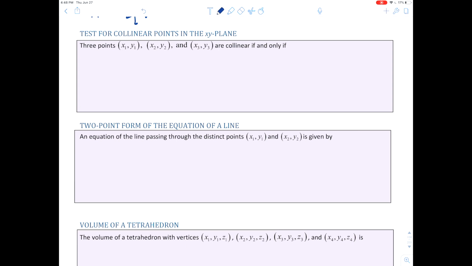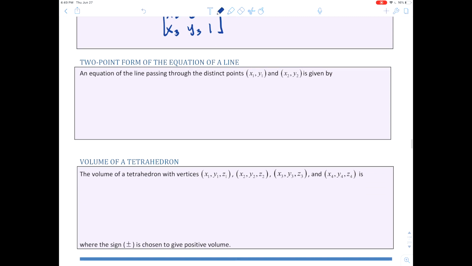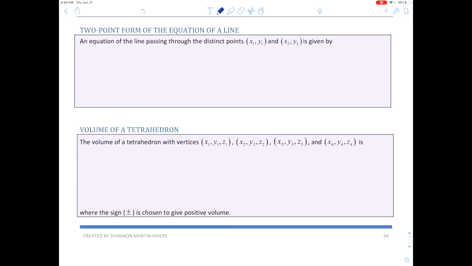So 3 points, x1, y1, x2, y2, and x3, y3 are collinear if and only if the determinant of that same matrix that we've been using is equal to 0, then the 3 points are collinear. All right? Okay. So the 2-point form of the equation of a line.